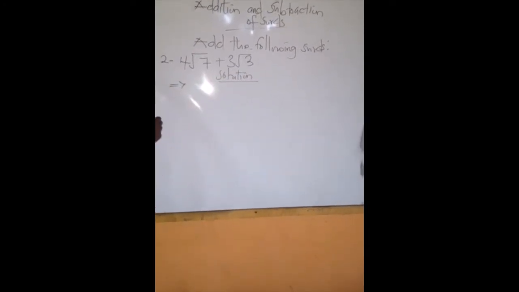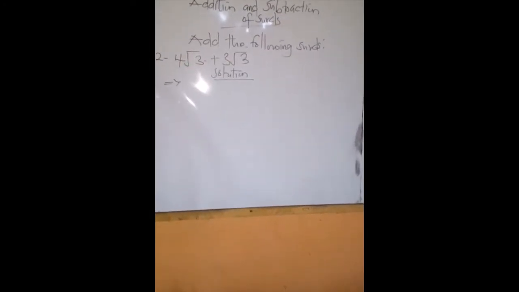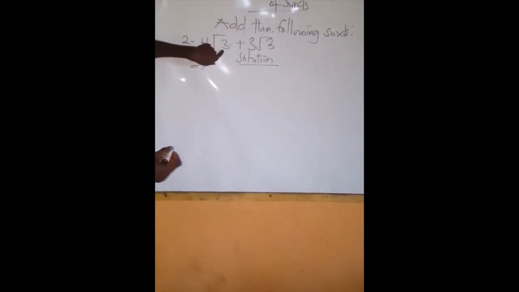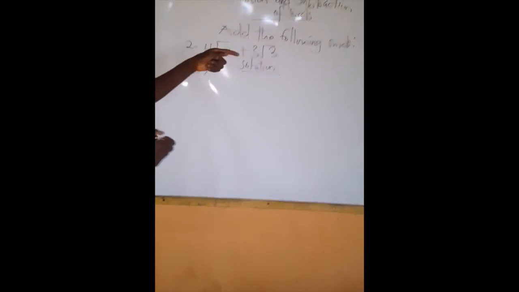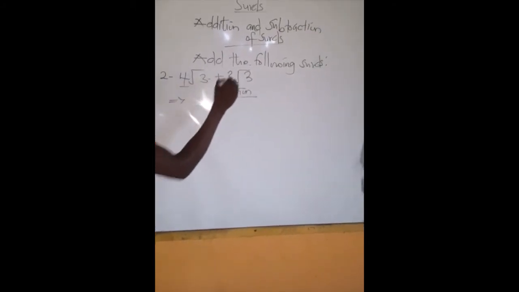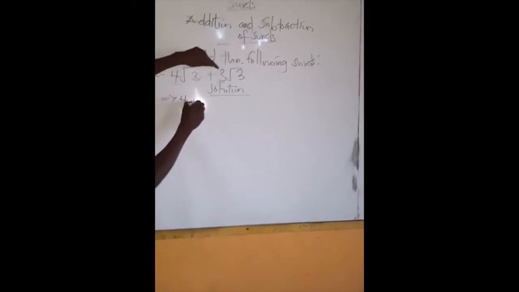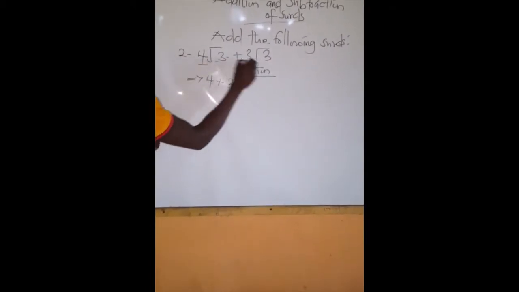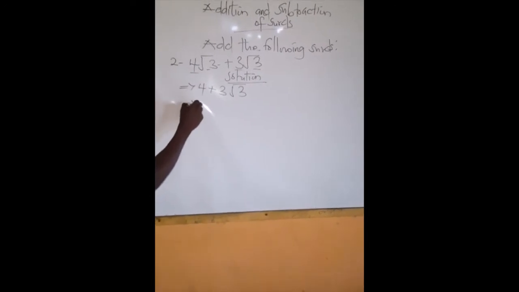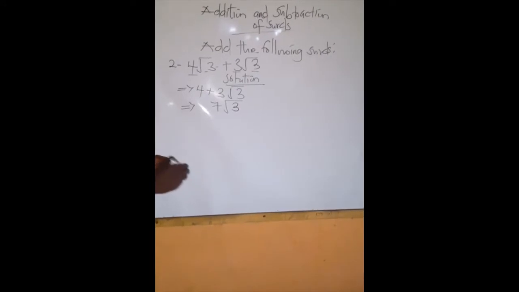Okay, so here we have the same number in the square root, which is 3. So it means these sets are like, so we can add. So how do we add it? We pick the numbers outside the square root and add. So numbers outside the square root are 4 and 3. So you add them, then you pick one of the square roots, which is 3. So 4 plus 3 is going to give us 7, and you get 7 root 3. Okay.